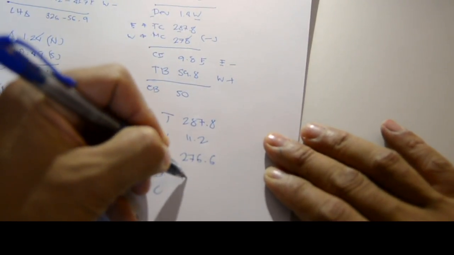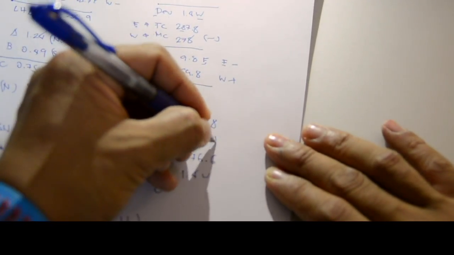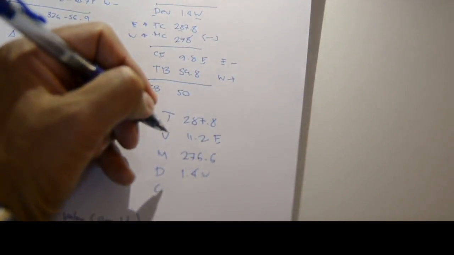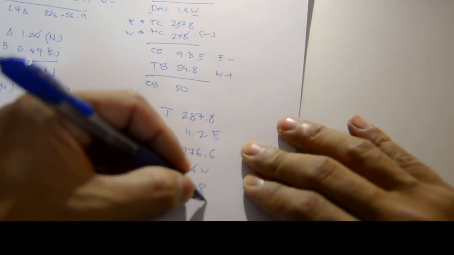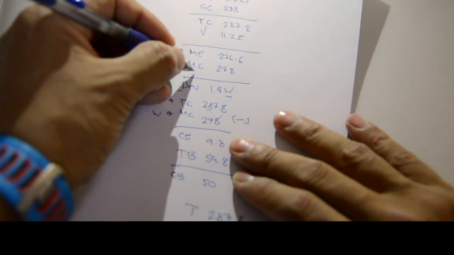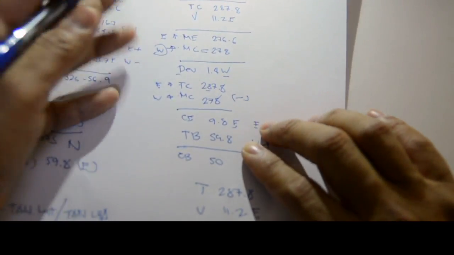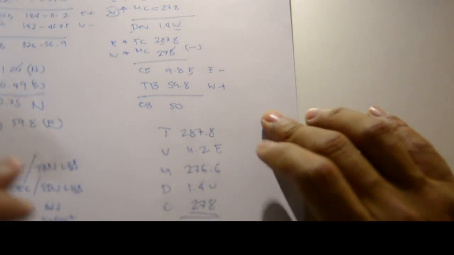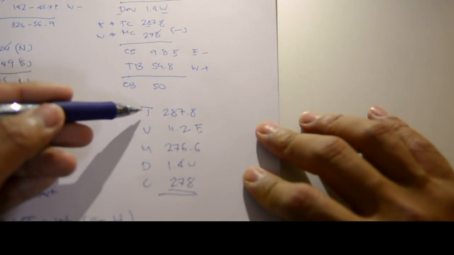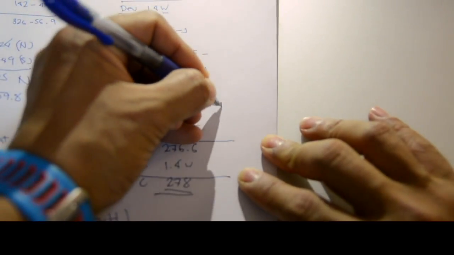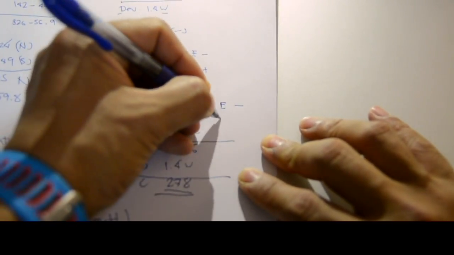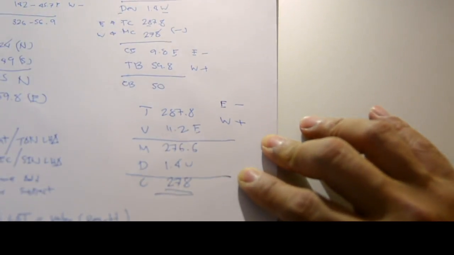Your deviation is 1.4, giving 278. So you have a magnetic compass of 278 and 278, which means your computation is correct. By the way, from the correcting of TVMDC, if you have east, it's minus. If you have west, it's plus.